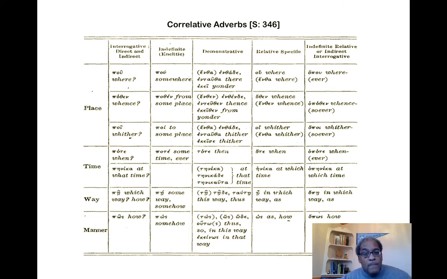And then pe as enclitic means some way or somehow, and pos as enclitic means somehow. Somehow I'll get the money. Okay?